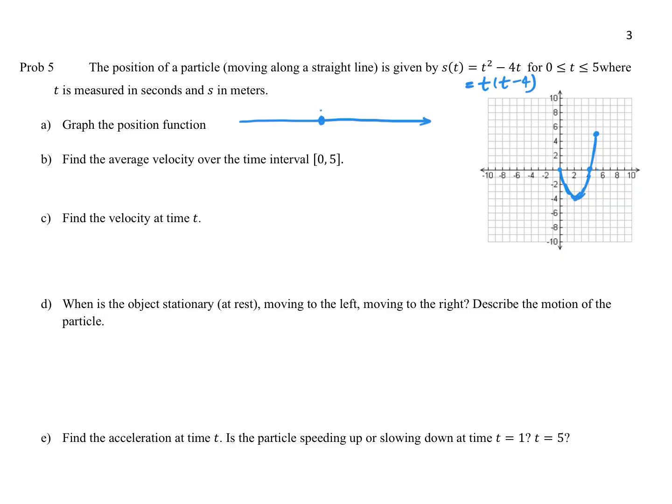From time 0 to 2, this is -4, this is time equals 2, this is when time equals 0. And from time 2 to 4, the position goes back to 0. This is time equals 4.